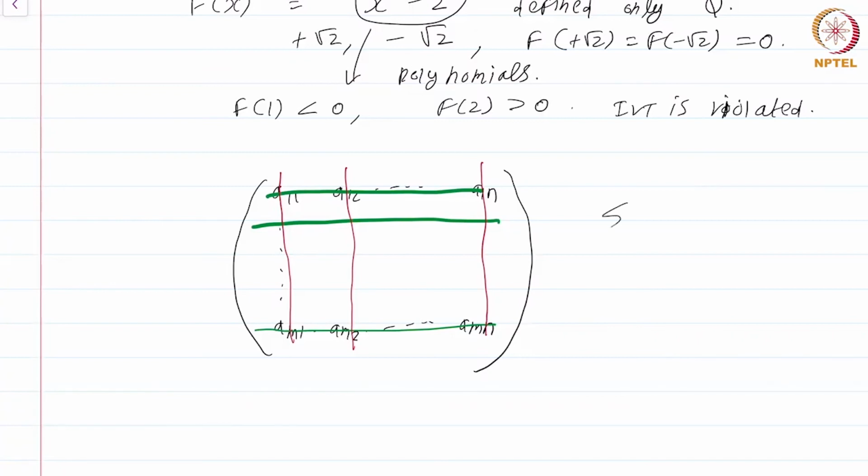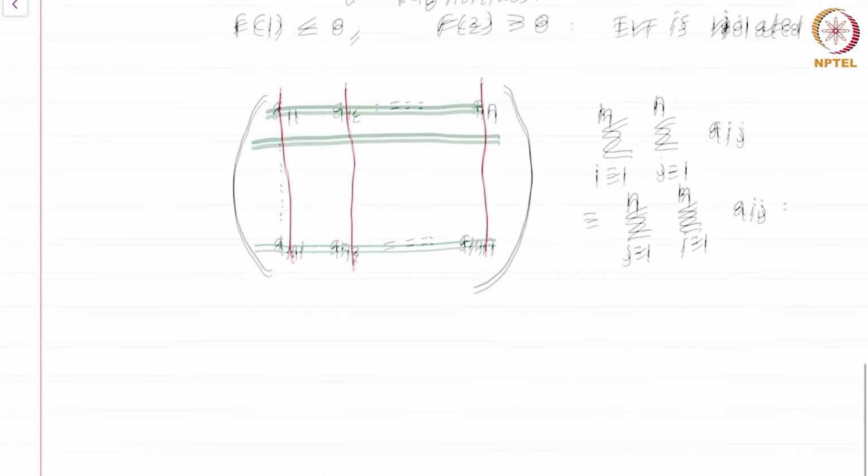That you can write as saying summation i equals 1 to m, summation j equals 1 to n, aij is equal to summation j equals 1 to n, summation i equals 1 to m, aij. So all this says is that you can interchange the two summations.